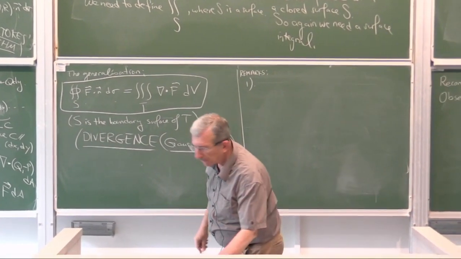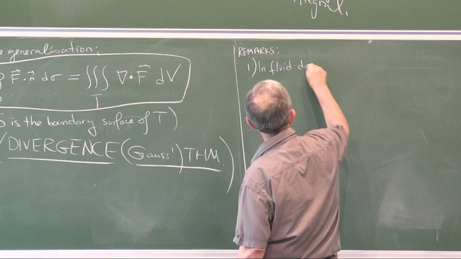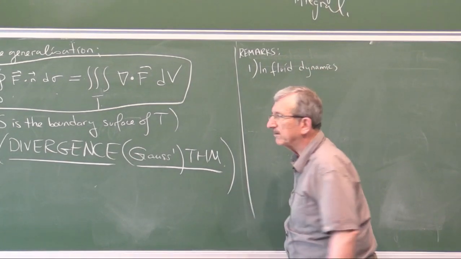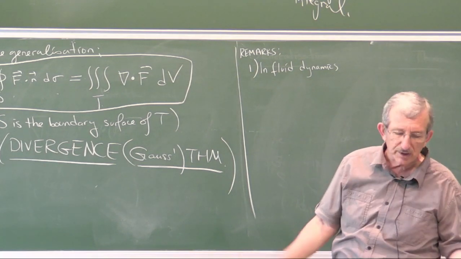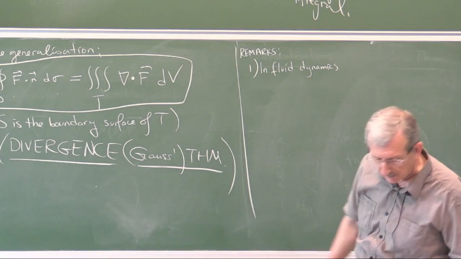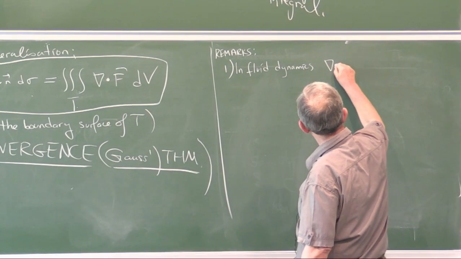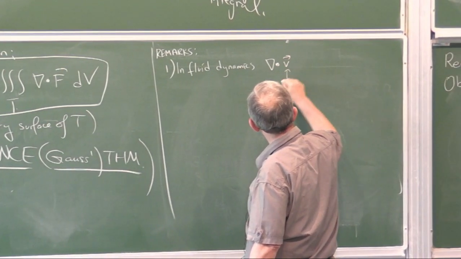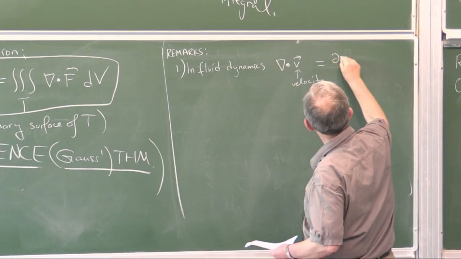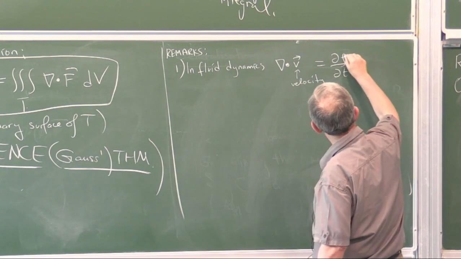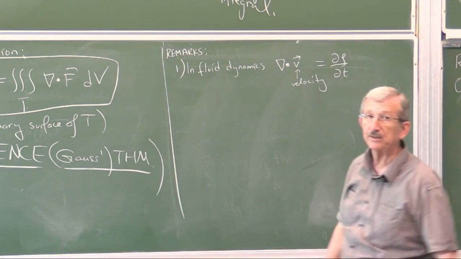For example, in fluid dynamics, fluid dynamics means that you have a flowing liquid or gas, or a similar entity. In fluid dynamics, del dot v, where v is the velocity, must satisfy del rho by del t. Here rho is mass density.